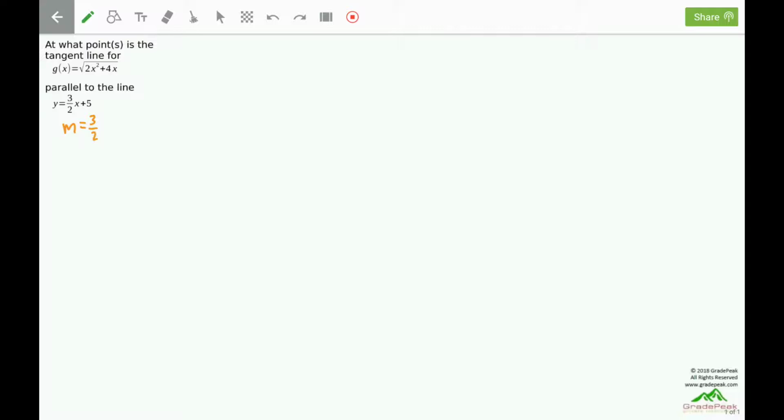Our tangent line has a slope that is the derivative. So we're going to find the derivative of g of x. G of x is the square root of 2x squared plus 4x. I'm going to rewrite that as 2x squared plus 4x to the 1/2 power.